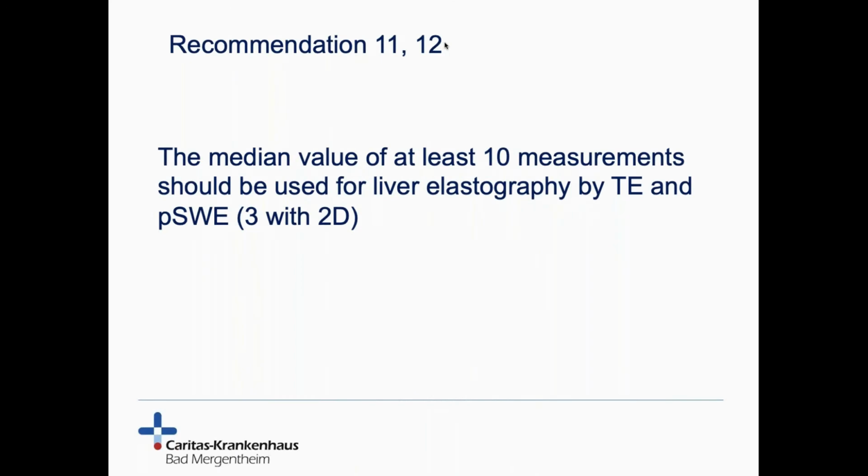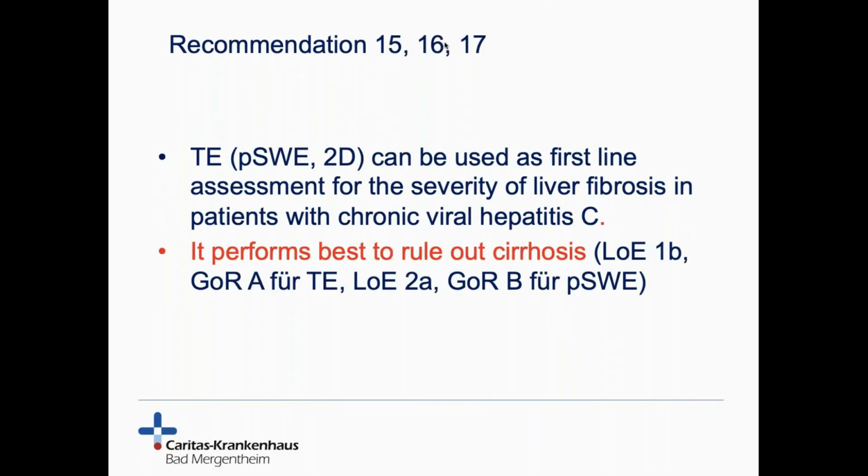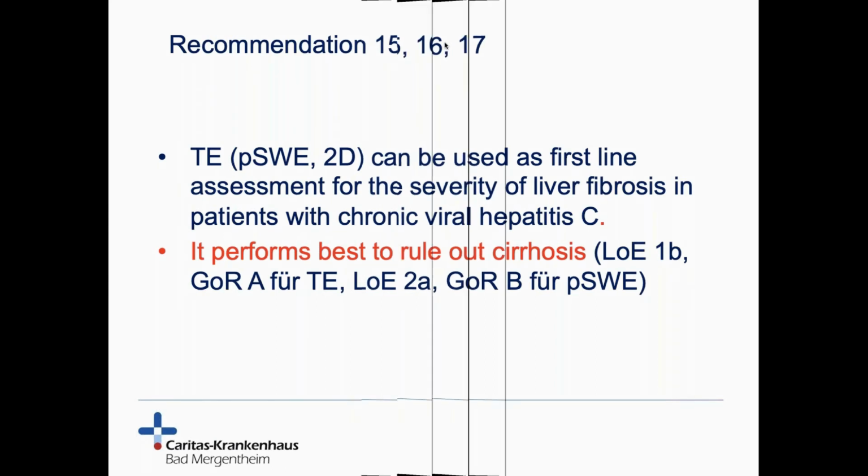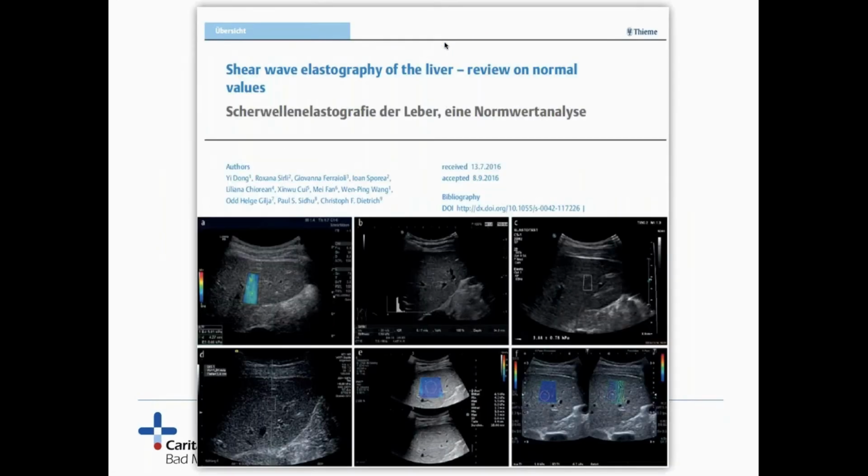Ten measurements should be done by point shear wave elastography and transient elastography. Three are enough for 2D. It performs best to rule out cirrhosis, and this is true for transient elastography, point shear wave elastography, and 2D shear wave elastography. All about normal values and how to compare is written in this review.